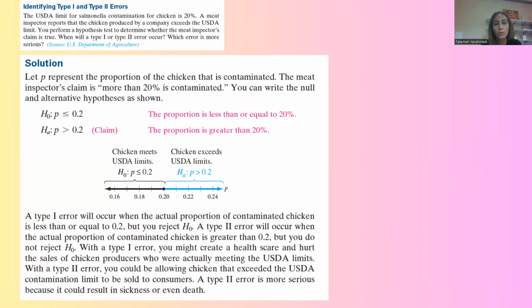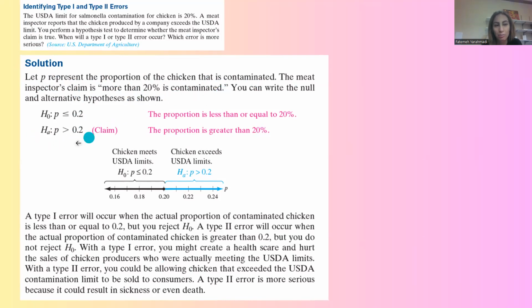So let us form the null and alternative hypothesis and then talk about the type 1 and type 2 error in these scenarios. Suppose P represents the proportion of the chicken that is contaminated. The meat inspector claims that more than 20% is contaminated.